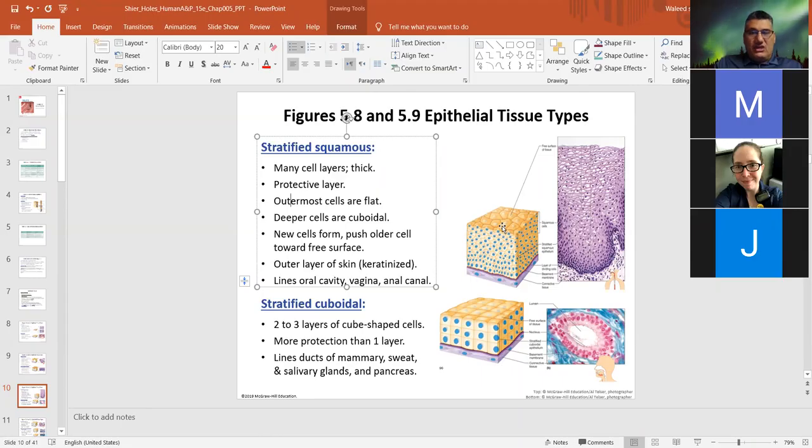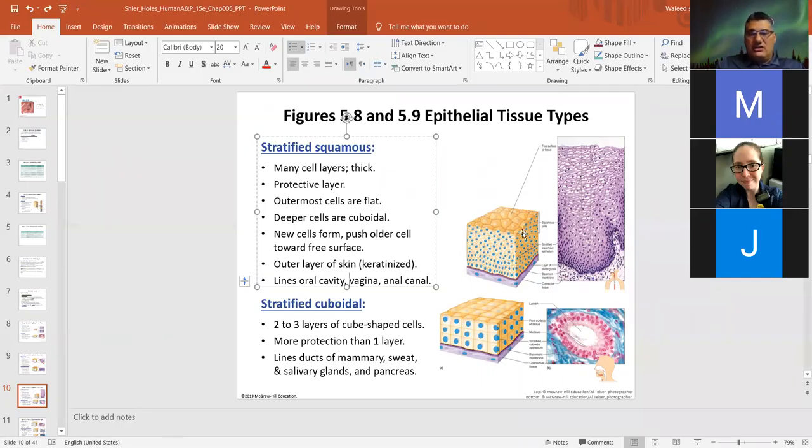The best example for the stratified squamous epithelium is skin. Your skin is stratified. You have to know what it means and where it is located, okay? So the example here is skin. Your skin is stratified squamous epithelium.